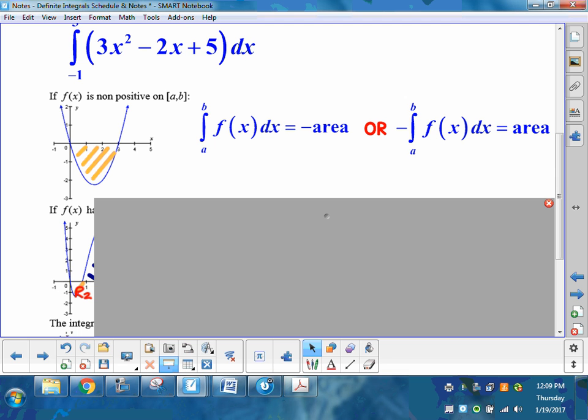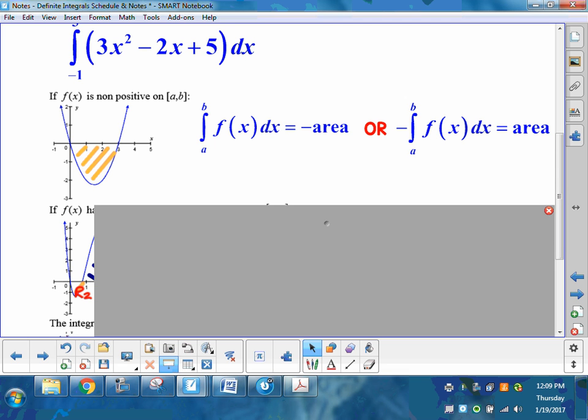You could say that this is equal to that negative area, or the negation of the integral would give you the positive area. Because if you get a negative number when we do it, it's technically not negative area, it's area with an orientation or direction. So if it's positive, you're above. If it's negative, you're below the x-axis.